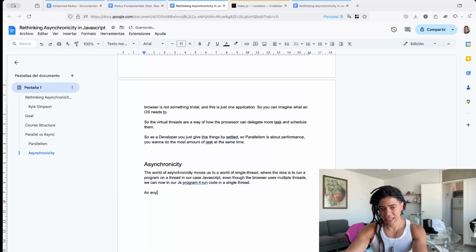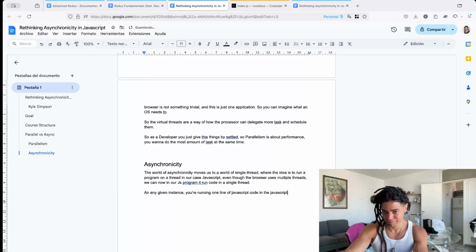So, at any given instant, you're running just one line of JavaScript code in the JavaScript engine.